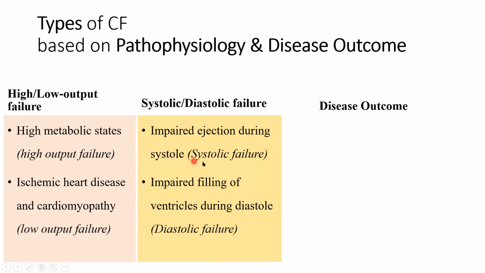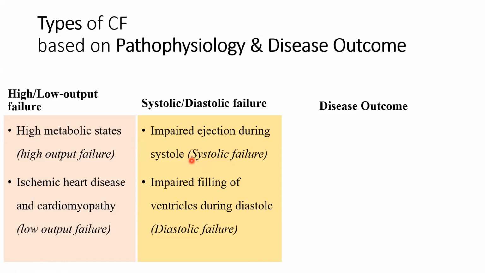So very briefly, a systolic failure will ensue when the heart itself has been damaged by, again, an ischemic heart disease or cardiomyopathy. There's a valvular defect, stenosis or regurgitation, or there is hypertension, which means that the heart's afterload has increased so much that it's now having trouble contracting against it.